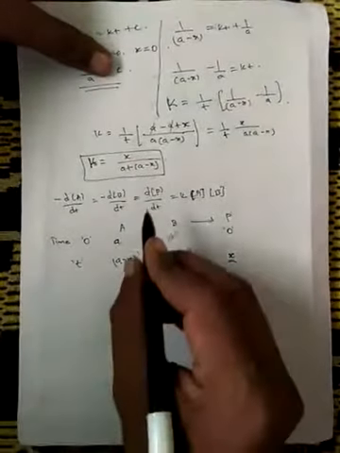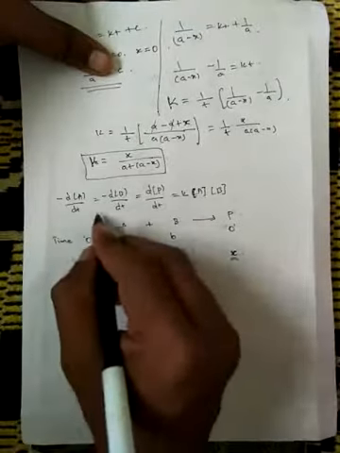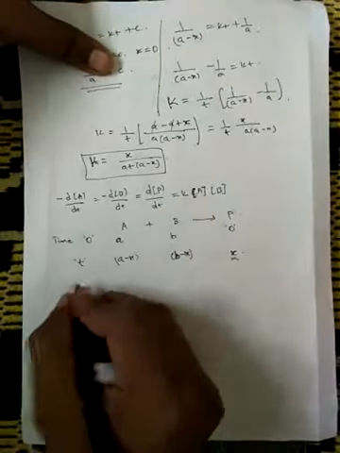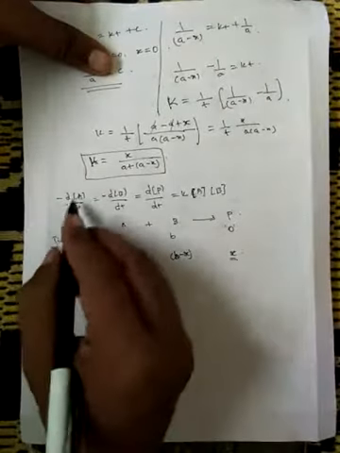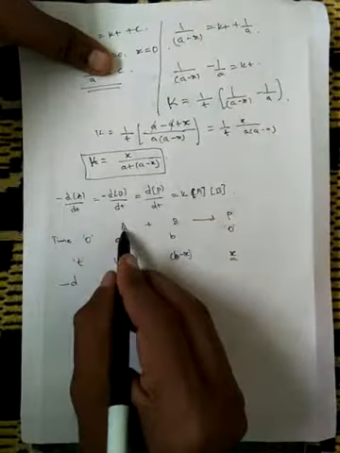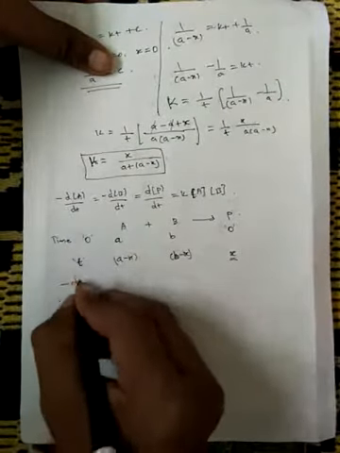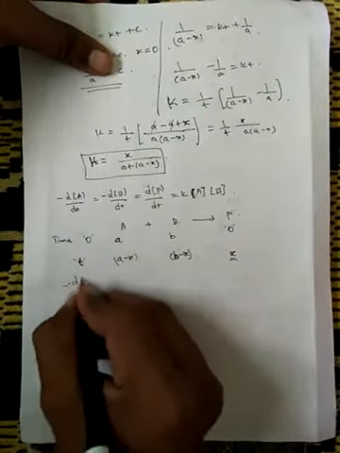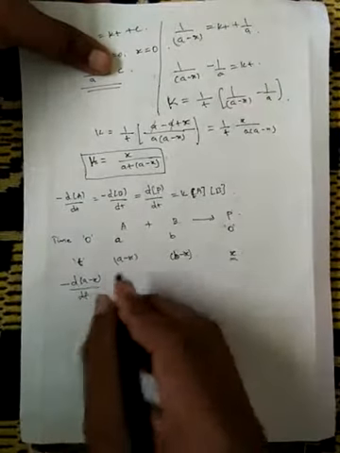Now at time t, this is the rate equation, you just write minus d concentration of reactant A at time t, which is a minus x, divided by dt.